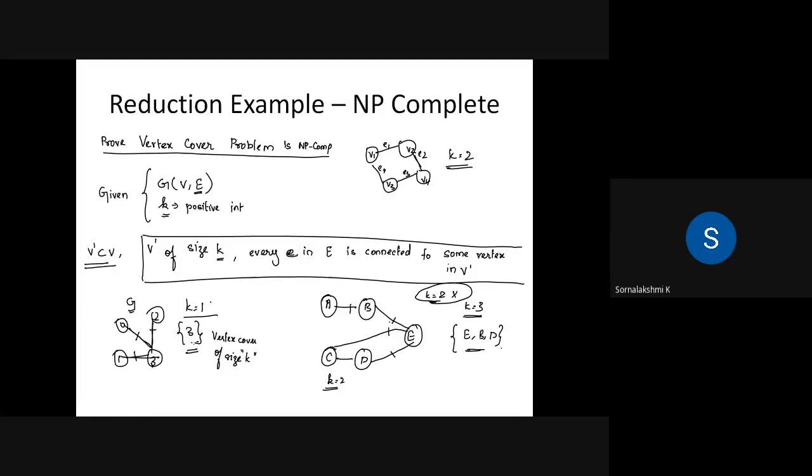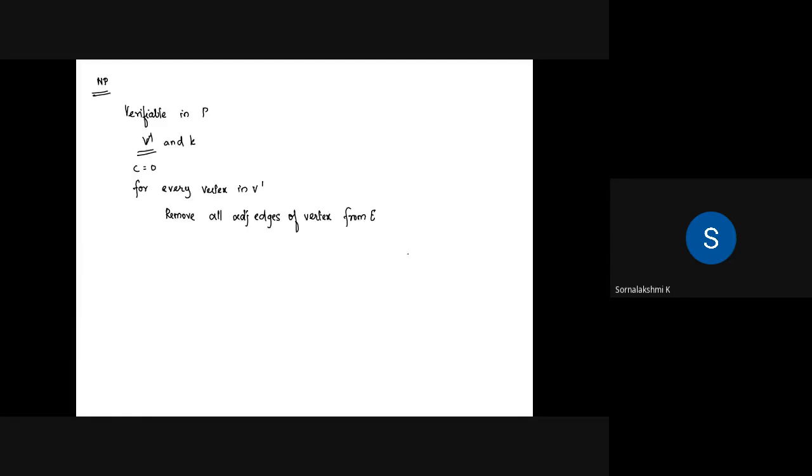For every vertex in V dash, I can have a counter. What I can do is remove all adjacent edges of this vertex from E, like whatever we did in the previous problem. I just removed all these edges from the total edge set, and I keep incrementing the counter.